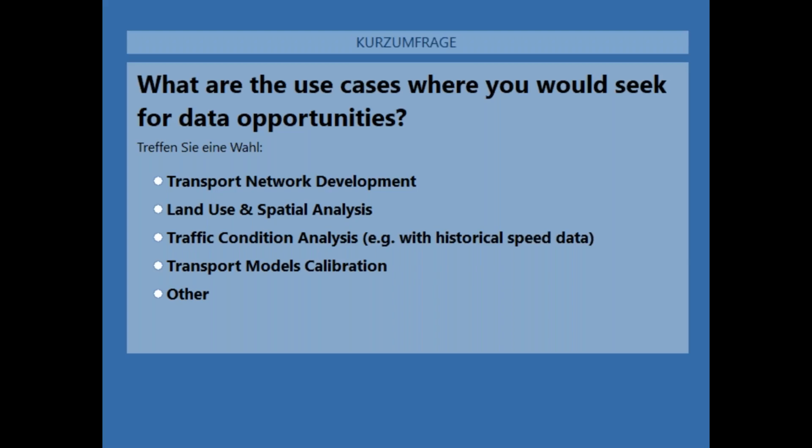What I see out of the results is that network development is almost out of the question. Everyone seems to know where to take it from, which is pretty evident and makes sense.